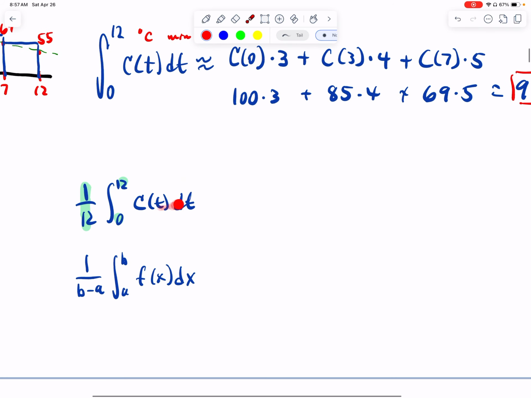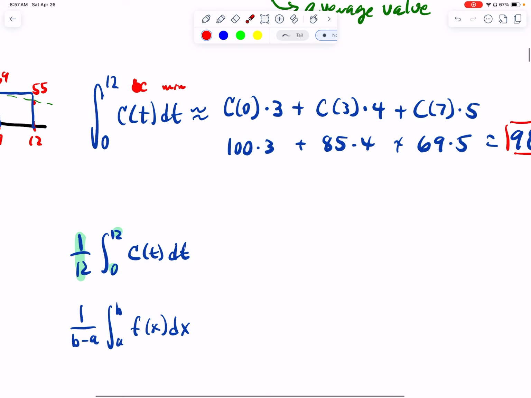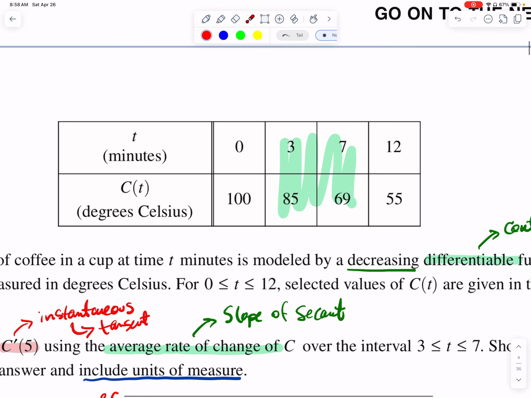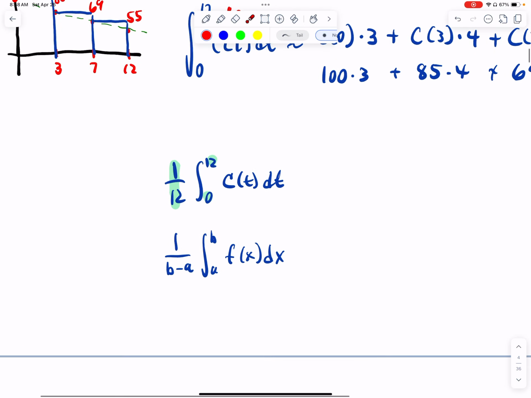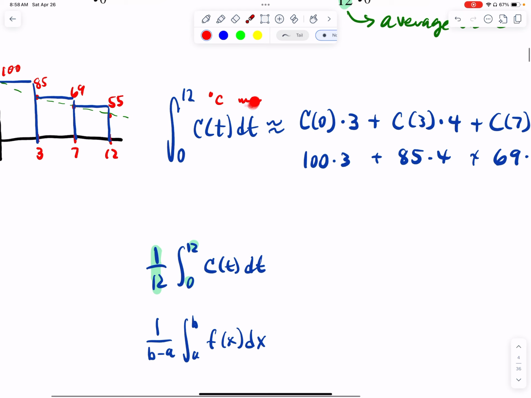So remember, what we were doing here is that we were accumulating temperature, as we can see right here, and then we're going to divide that accumulated temperature by 12, which is the length of the interval, 12 minutes here. Remember what we're saying right here, that this is in degrees Celsius per minute?